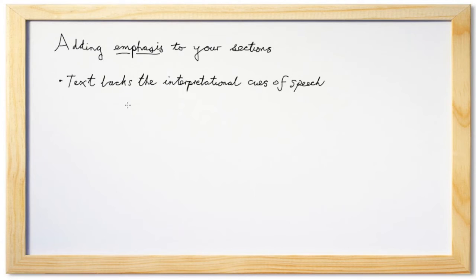So how can we add in emphasis? Well, the single most useful strategy at the level of a section is the writing equivalent of a pause, a paragraph break. Just as with speaking, a pause in written text can draw the reader's attention to what they have just read, or are about to read, or both.